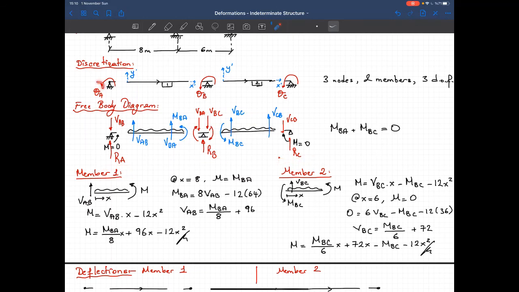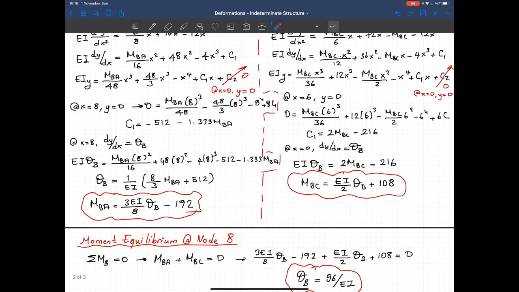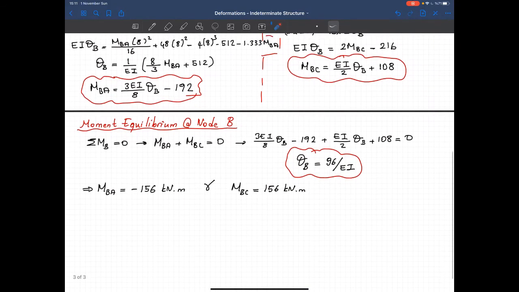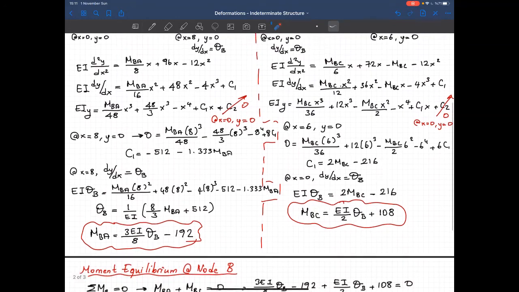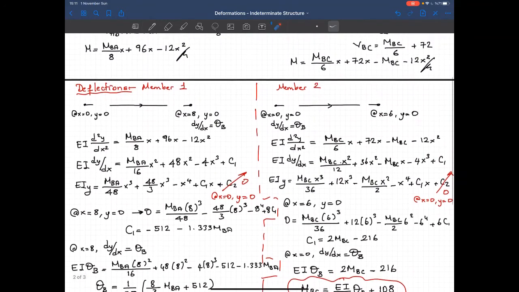If I want to calculate the rotation values, I know now what M_BA is. I can put it into that equation and make x equal to 0. I can determine the rotations. So actually once we determine what this rotation is, we calculated everything in this structure. Now if we go back to our solution, as you see, it's a very long solution.